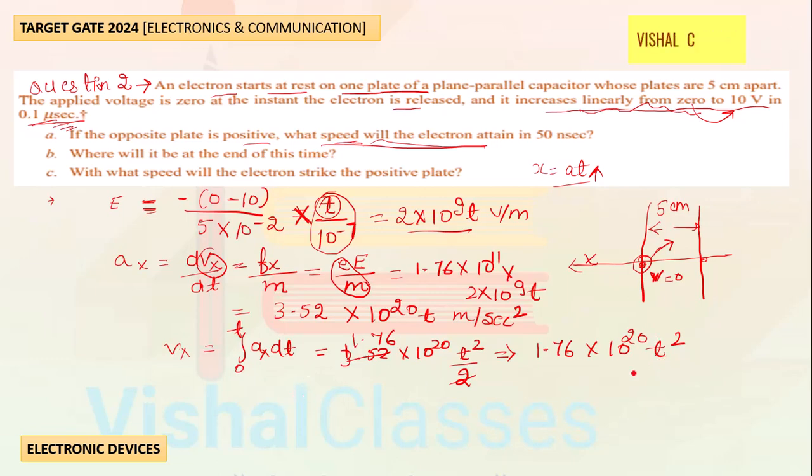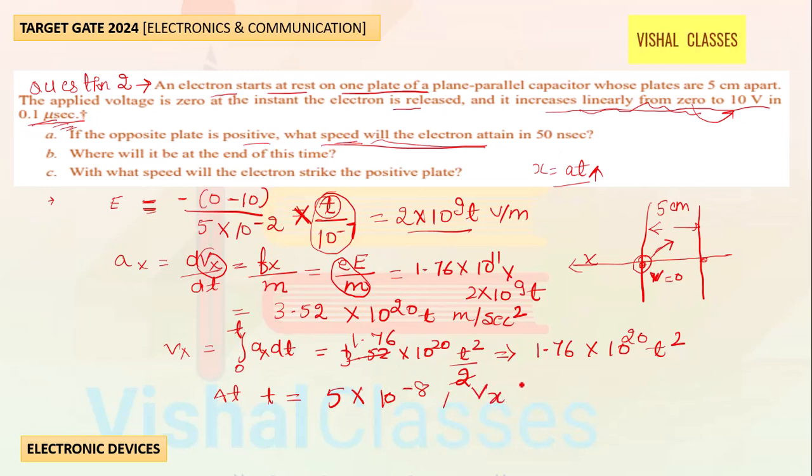Here we fill in the value of t. I am converting 50 into 10 raised to power minus 9, so t is 5 into 10 raised to power minus 8.